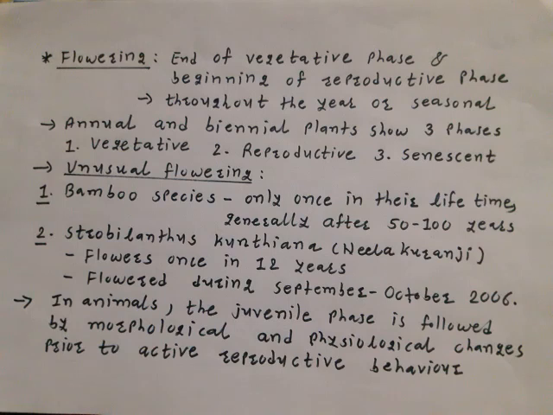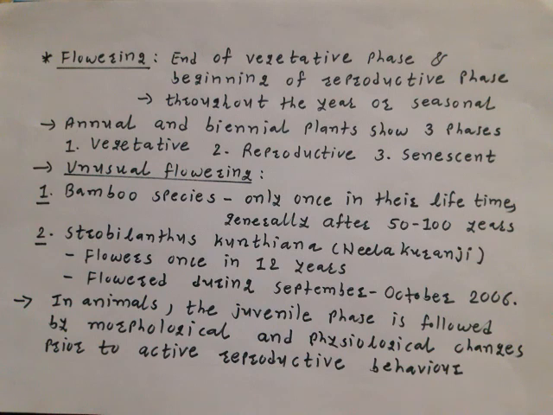One example is the bamboo species. These plants flower only once in their life, generally after 15 to 100 years. After this flowering and fruiting, their life is over. So here the duration before flowering is very long.